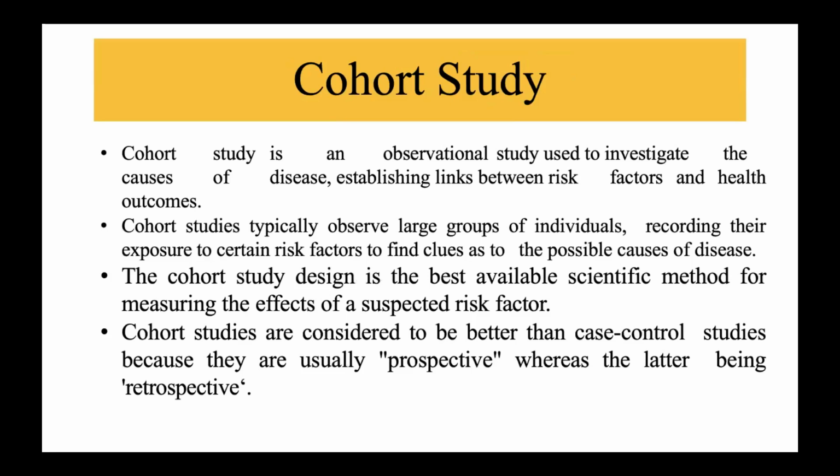Another important study is called the cohort study. To understand what the cohort study is, this is a longitudinal study. Some people say cohort is an observational study used to investigate the cause of disease and establish the link between the risk factors and the health outcome.